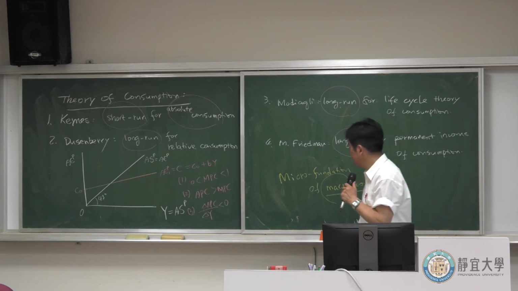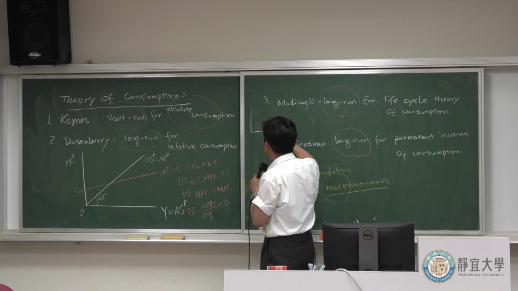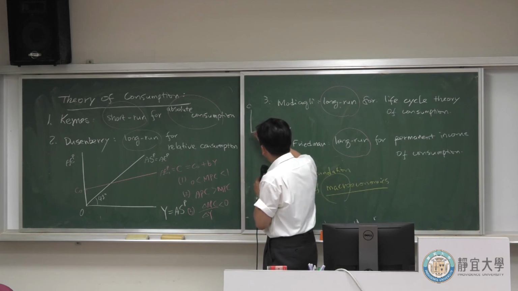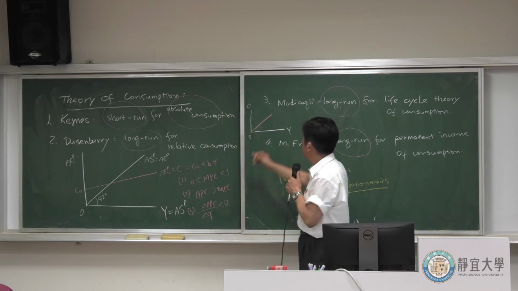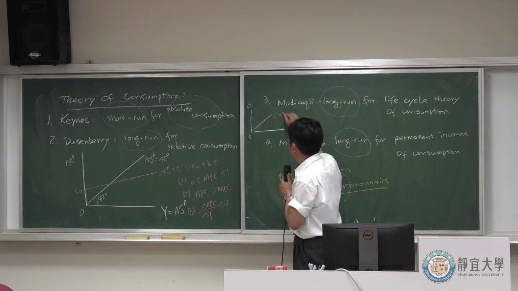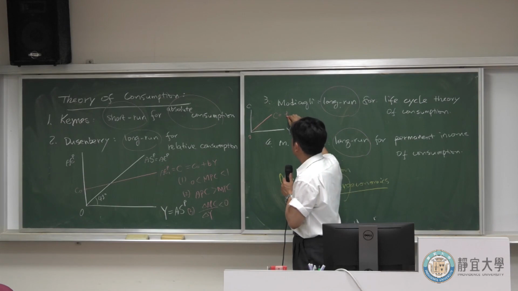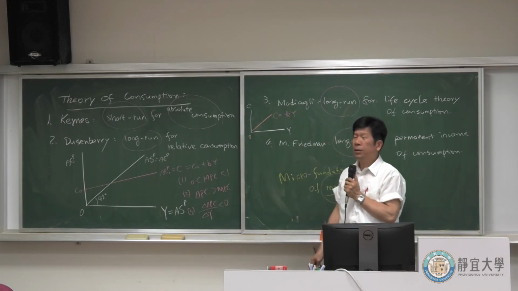For the long run, the consumption curve becomes this situation, with the slope K1.